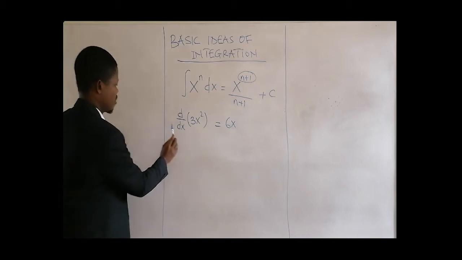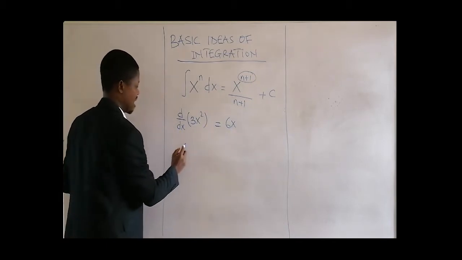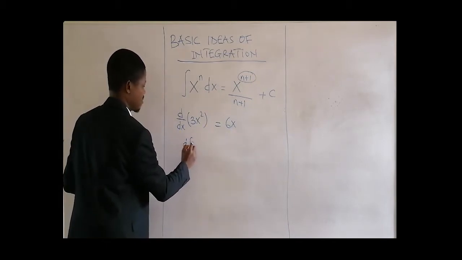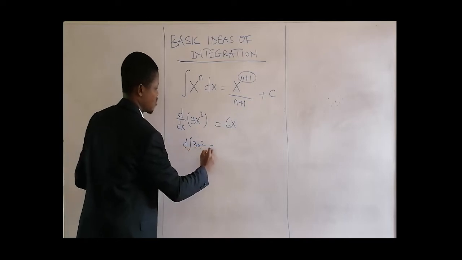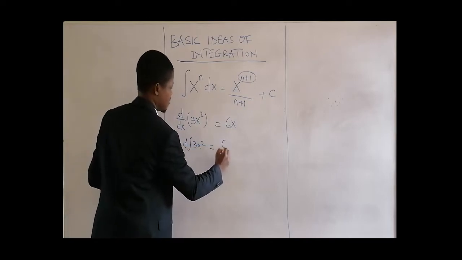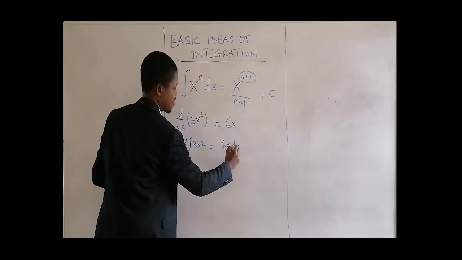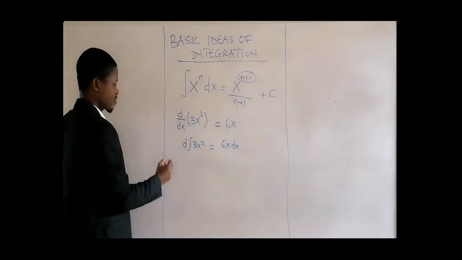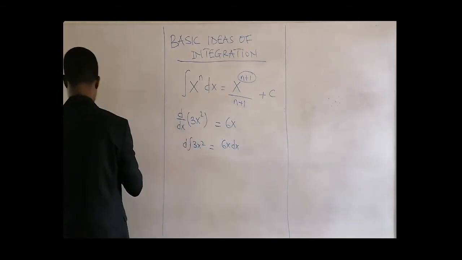Then multiply both sides by dx. So you have d of 3x squared equal to 6x dx.